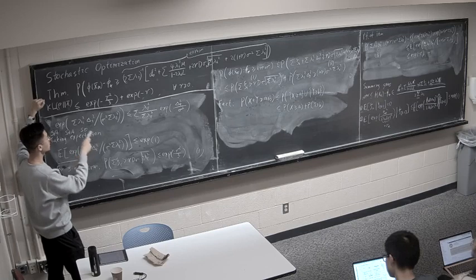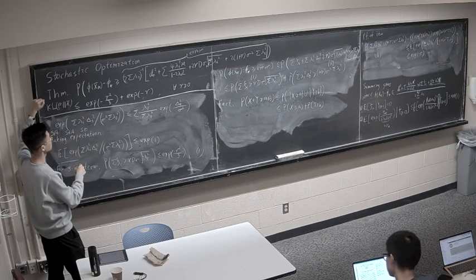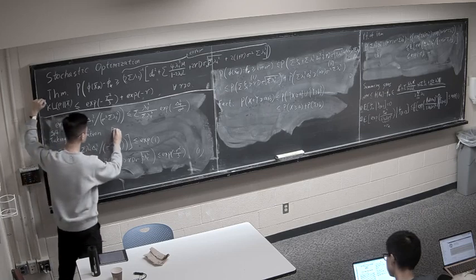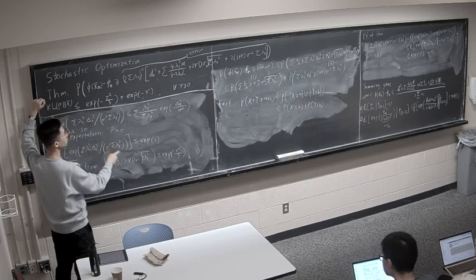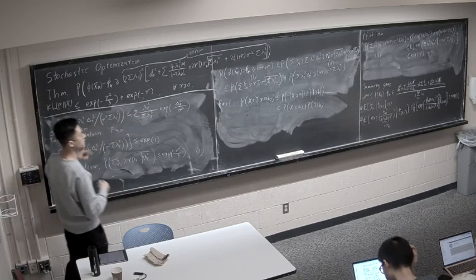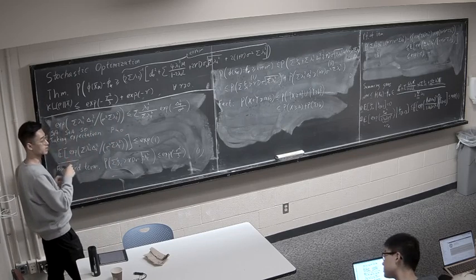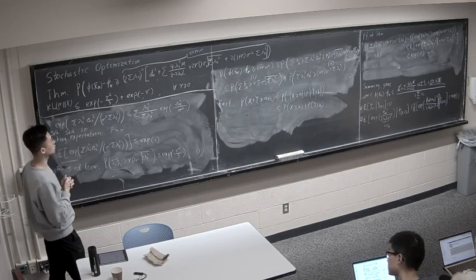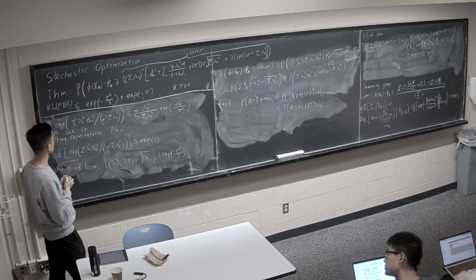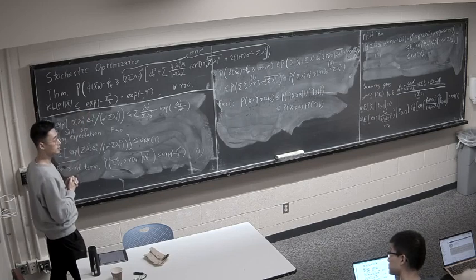But to obtain these high probability results with a good dependence on the small number p, where p is close to 0, to improve the dependence from 1 over p squared to log 1 over p, you have to make the sub-Gaussian tail assumption, which is a light tail assumption, right? And then with these concentration bounds, we can get this good result, right?